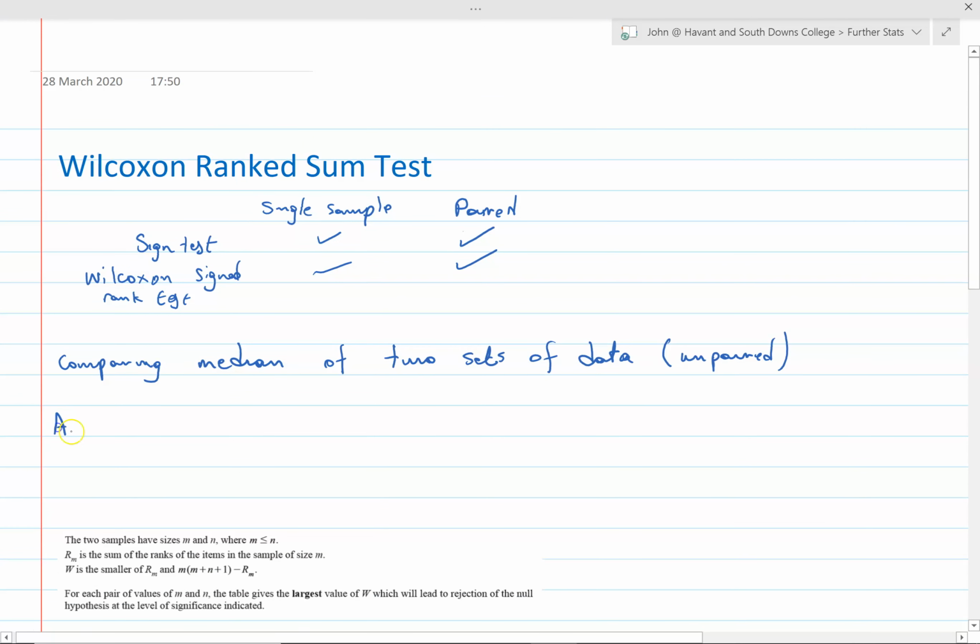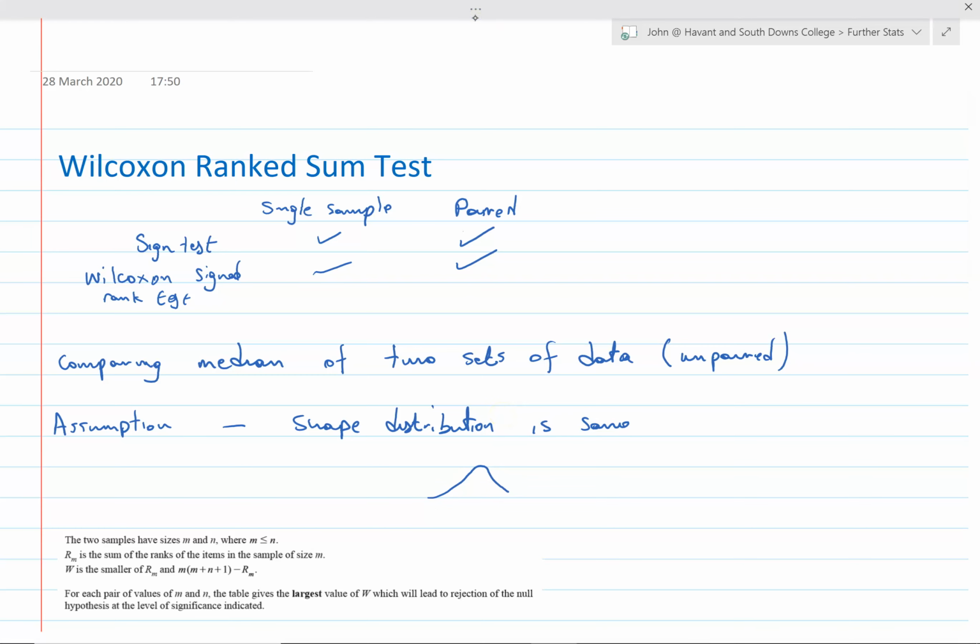The assumption, and we've seen this kind of assumption before with some of the tests that we've seen, is that the shape of the distribution is the same. So we can have this, but it has to be the same shape, and obviously the position might be different.